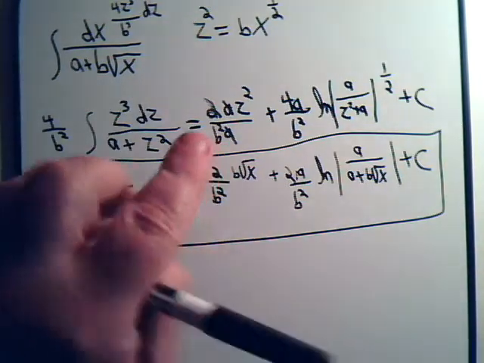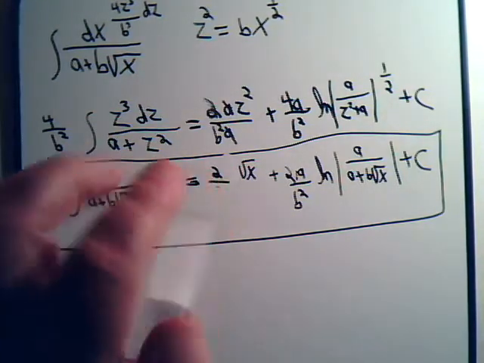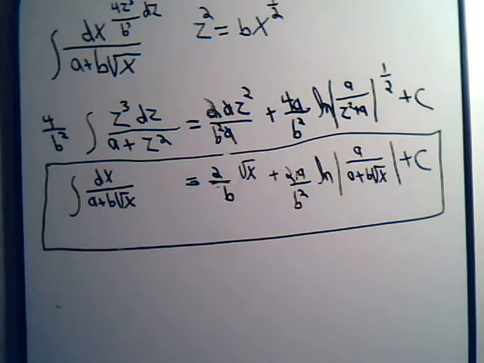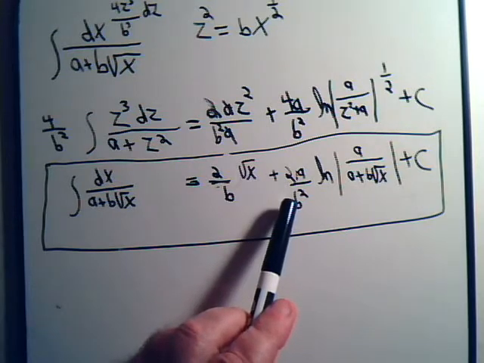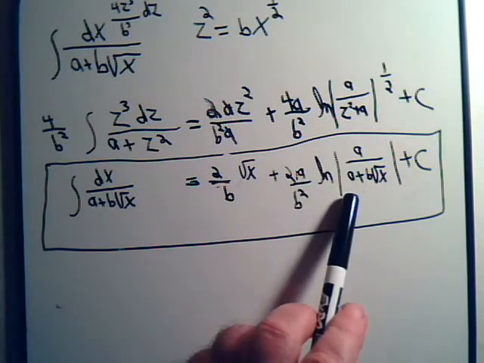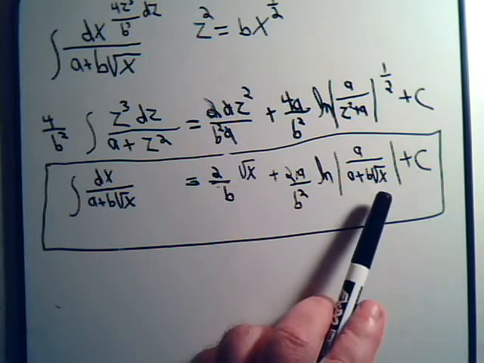And it looks like these b's here are going to cancel out, so we'll just have 2 over b times the square root of x minus 2a over b squared times the natural log of a divided by a plus the square root of bx plus c.